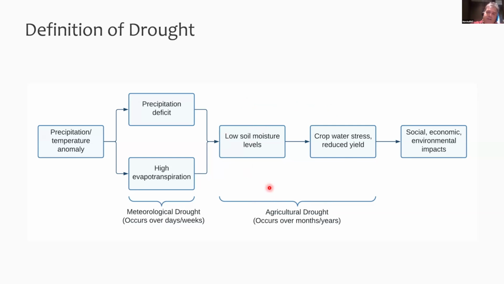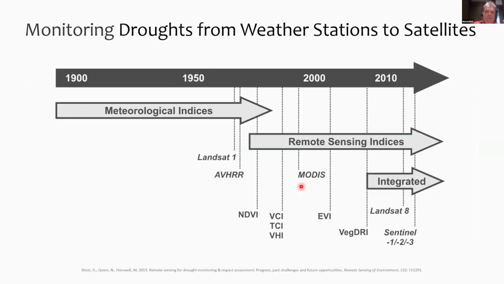Now, if we look at longer timescales, then we start talking about hydrologic droughts, so impacts on flows, groundwater, and above ground or overland flow. And then ultimately the broadest time scale is socioeconomic drought. So basically, you can see why ET is important in terms of how we define drought.